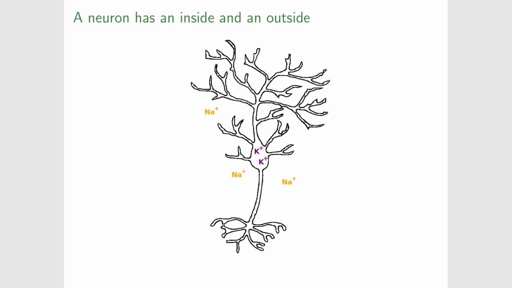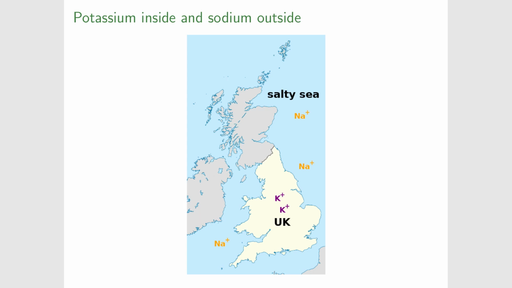Of course, it's not that there's just potassium inside or just sodium outside. The ion pumps don't remove all the sodium inside the cell, but there is more sodium outside than there is inside. It's important you remember which way around that goes, where the sodium is and where the potassium is. The way I remember it is, if you see here in the map, in yellow represents the United Kingdom.